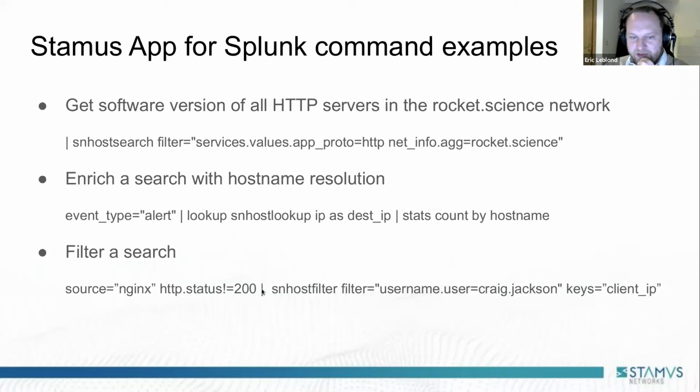And I want to see the log only for the IP address where the user Craig.Jackson did connect. I just have this key option that allows me to do a mapping between the source and what is an IP inside the source. So you can specify that the client IP in the Nginx log, I want to get only the one where the user Craig Jackson did connect.